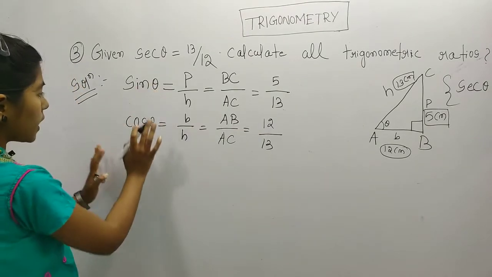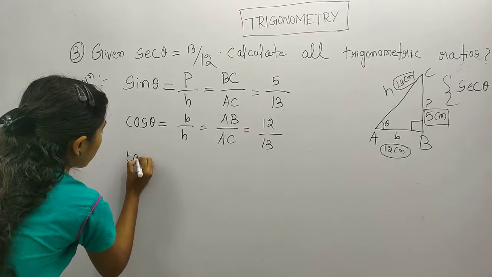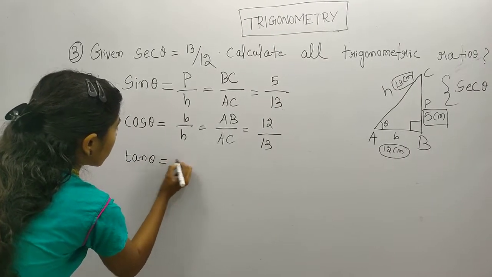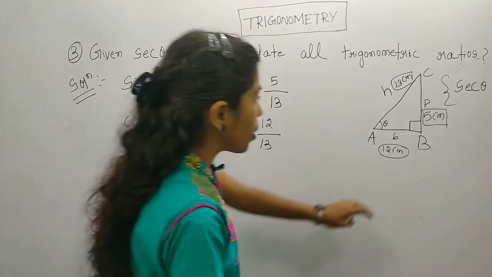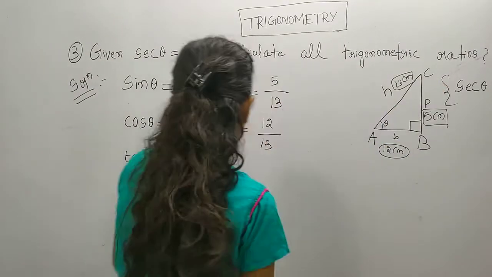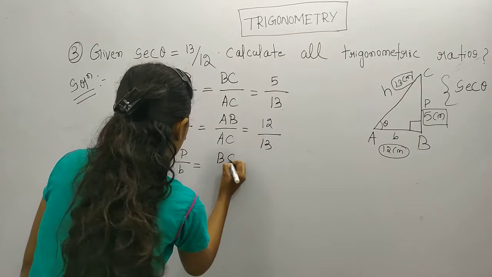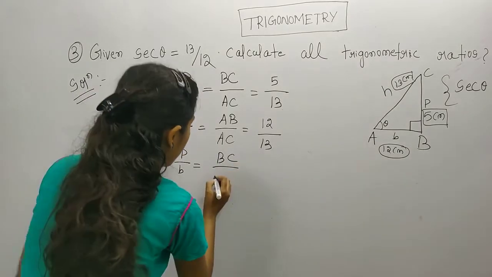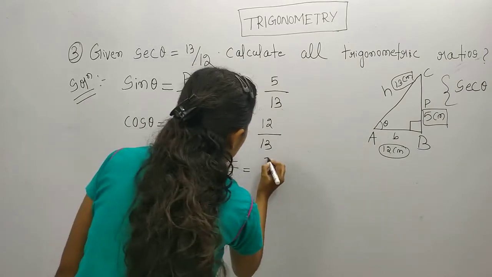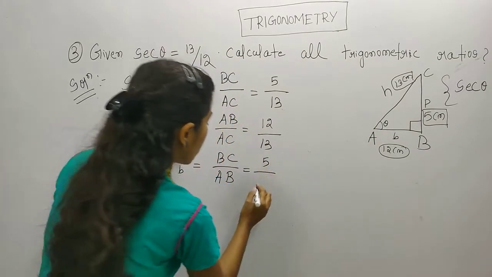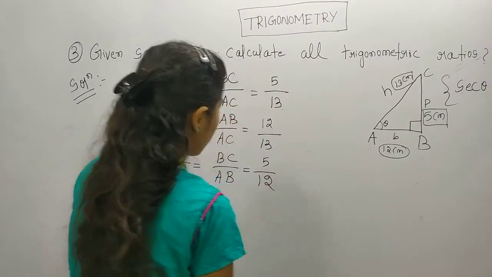Then tan theta. Tan theta equals P by B. Perpendicular is BC, by base AB. BC is 5 and AB is 12. So 5 by 12.